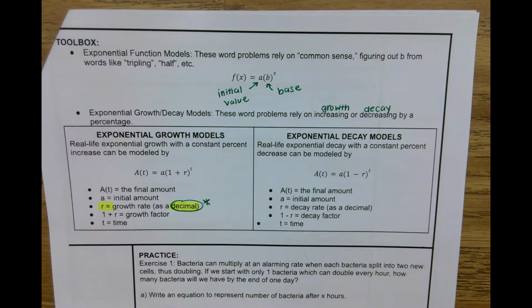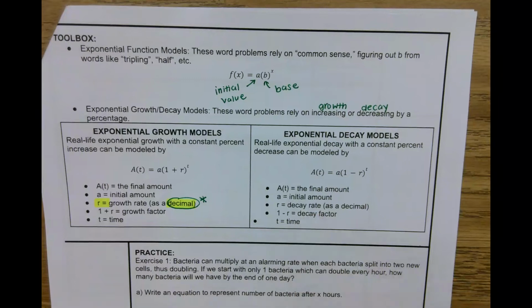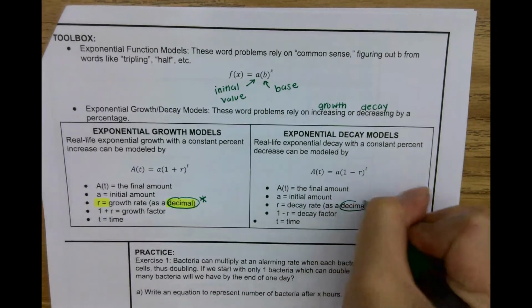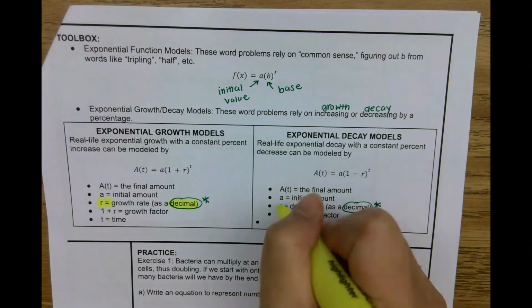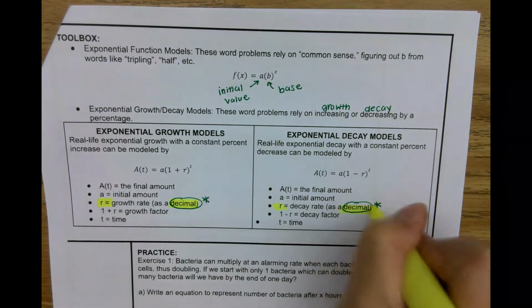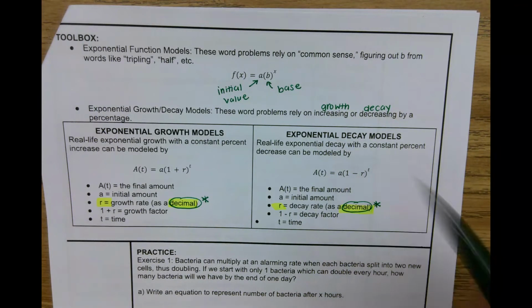Growth is plus, decay is minus. And again, this r, this rate, is written as a decimal, so again, circle it, star it, highlight it so we remember. As a whole, 1 minus r is our decay factor, and t, our exponent, represents time.